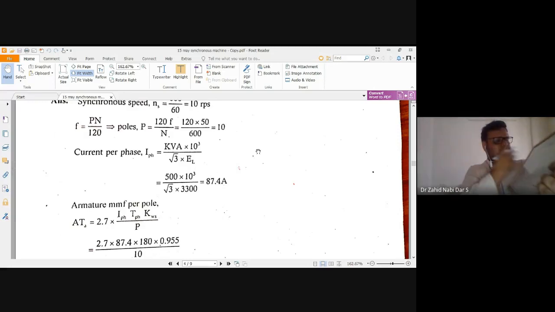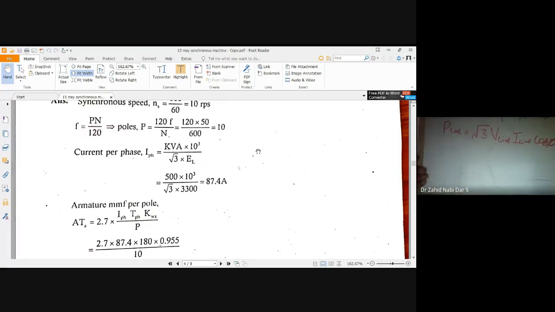Now in terms of line, if I want to write, my P line would be equal to root 3 V line I line cos phi. Can you see the board, right?